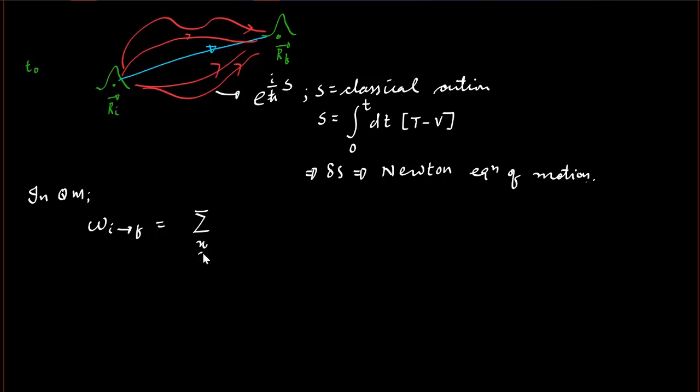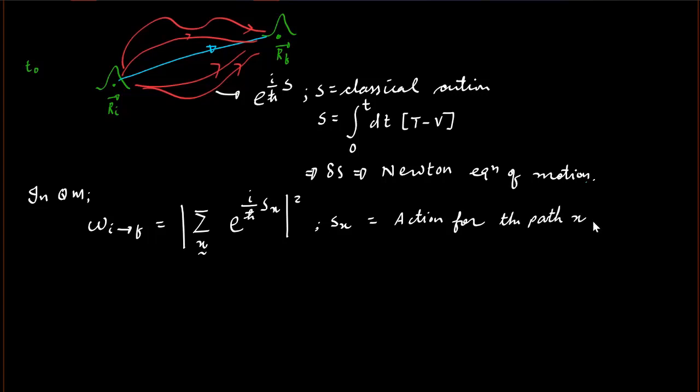So for all paths, here I describe with the exponential e to the power i by h cross times S of x. Okay, and as here we want to calculate probability, this gives the probability amplitude squared. Here S of x means the action for the path, I mean a particular path x.